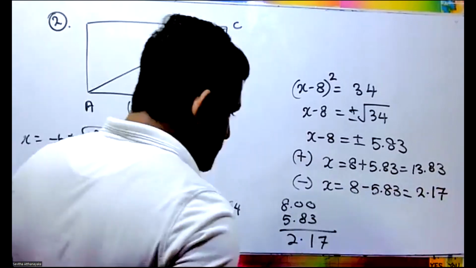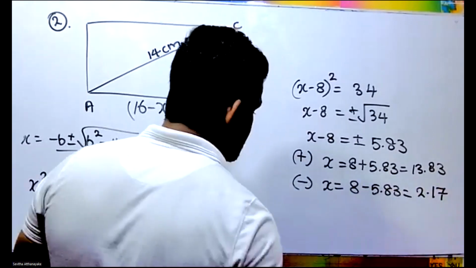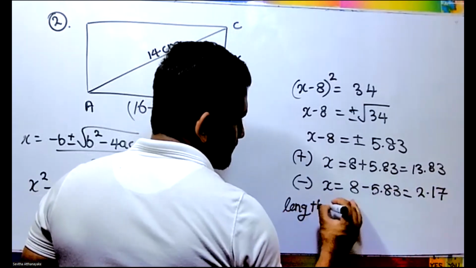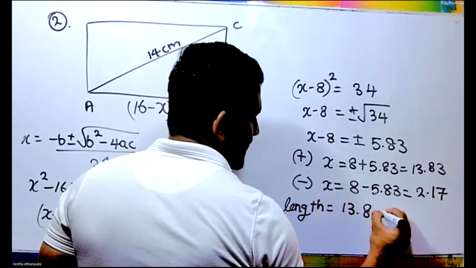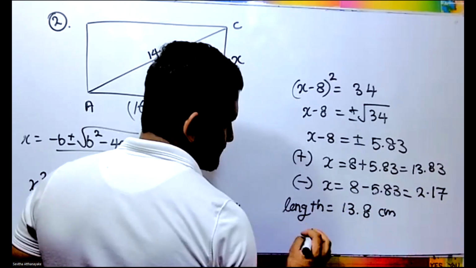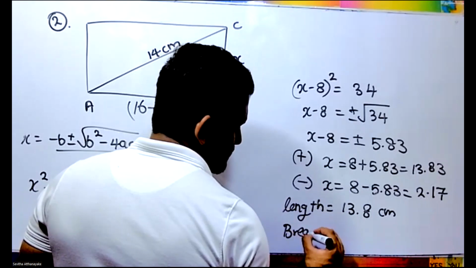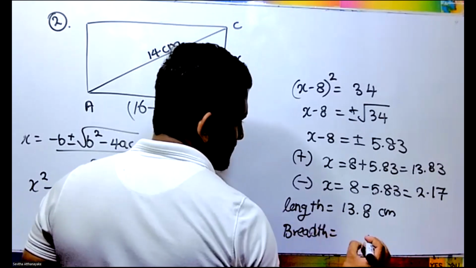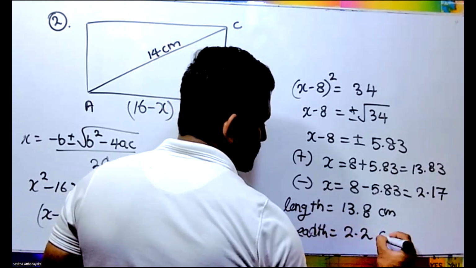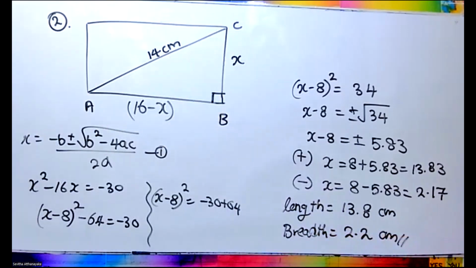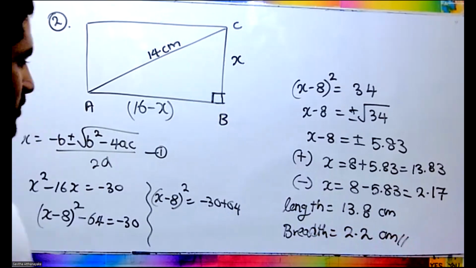We need to find this to the nearest first decimal place. Therefore the length we can take as 13.8 centimeters. The breadth we can take as 2.2 centimeters. Okay, complete your answers.